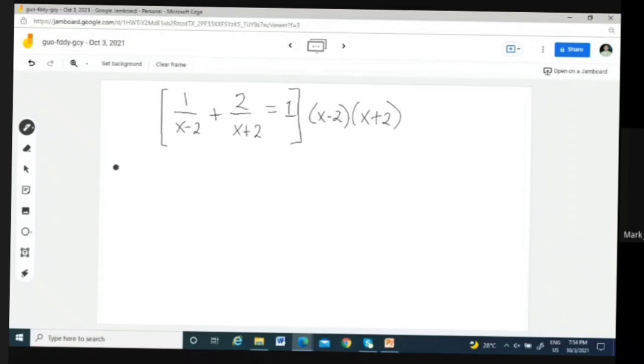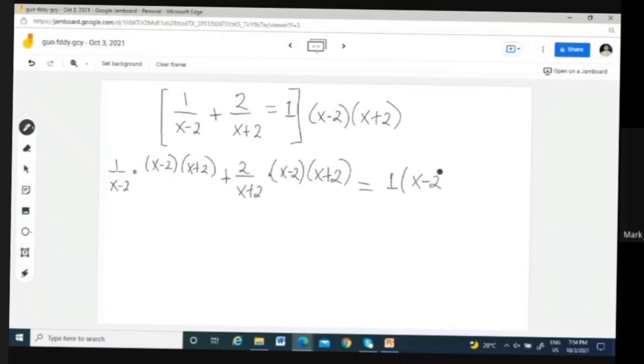So we will be having 1 over x minus 2 times x minus 2 times x plus 2, then plus 2 over x plus 2 times x minus 2 times x plus 2 is equal to 1 times x minus 2 times x plus 2.